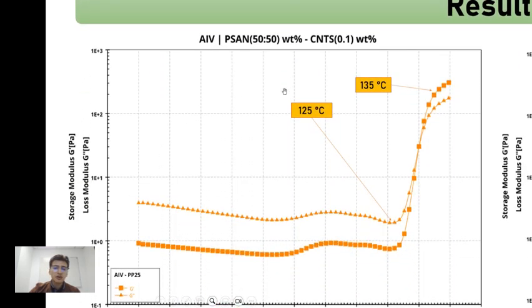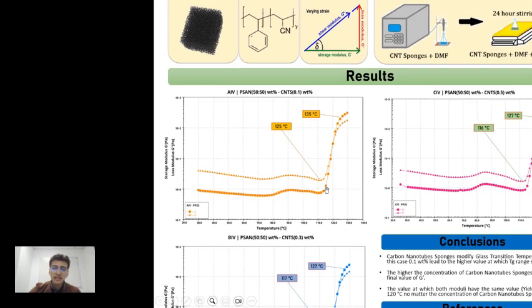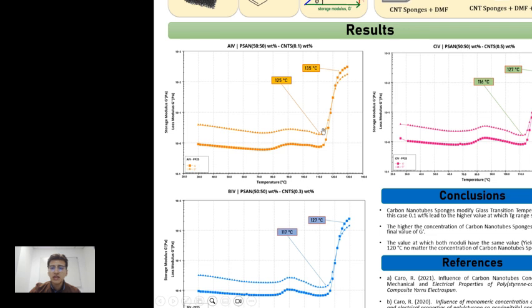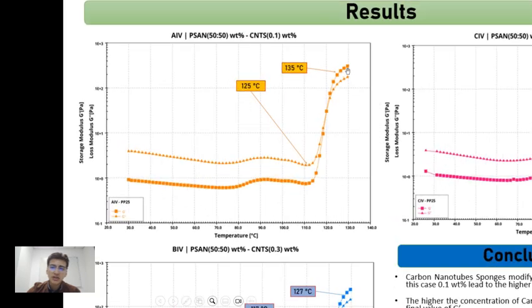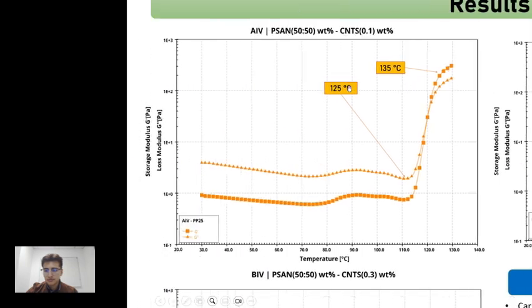This behavior is constant for the three graphs until there is a rise of both moduli that leads to an inversion of the behavior. I say an inversion because now the value of G prime is higher than the value of G double prime. In the three cases, it's the same.